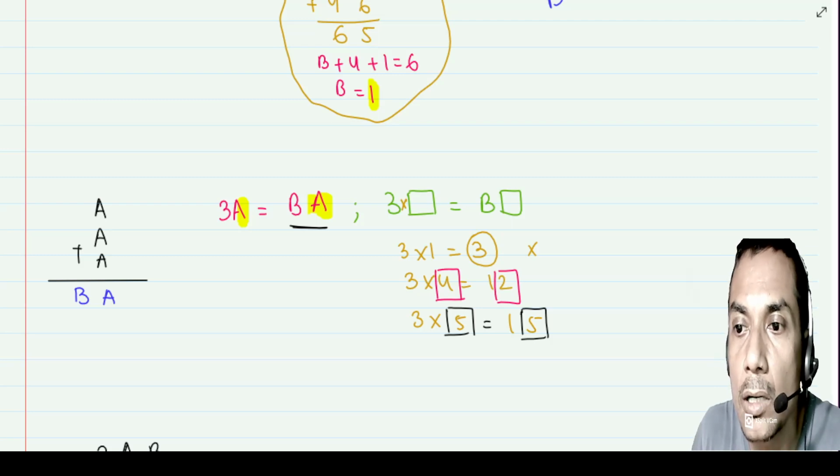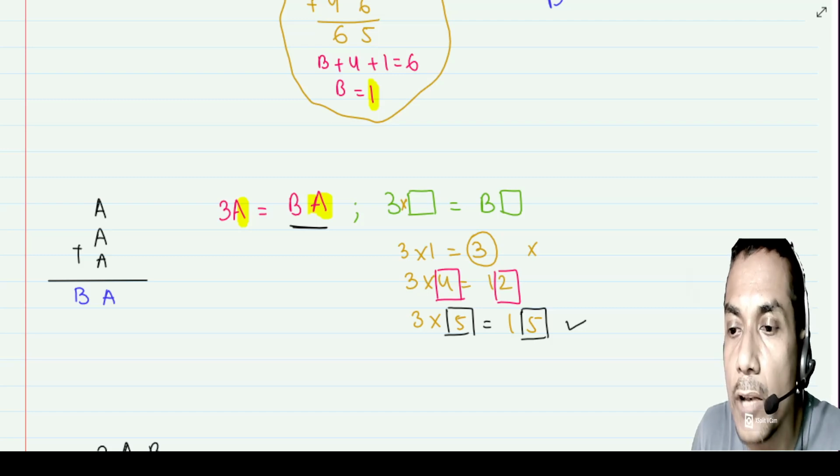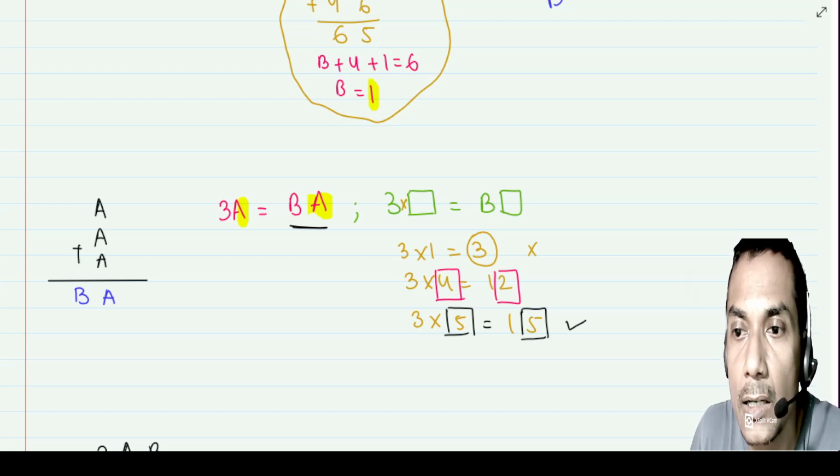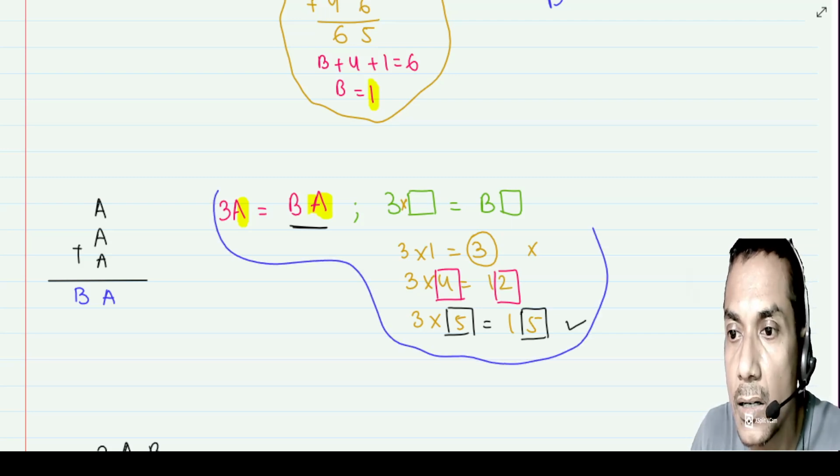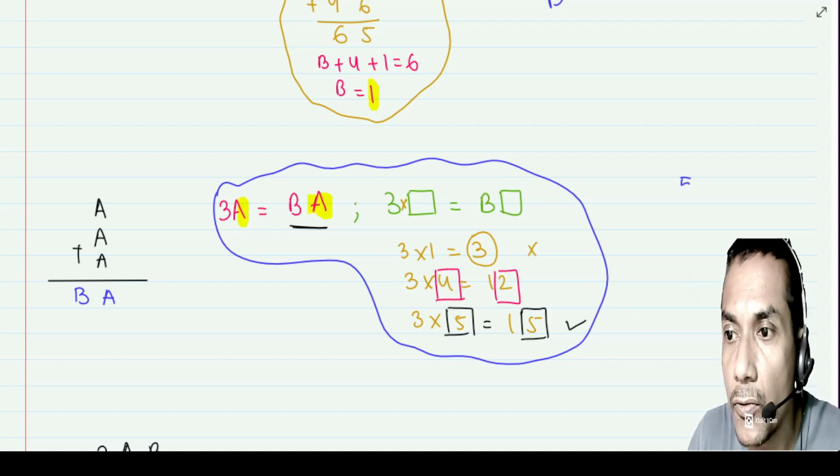So if I put the value 5 for A, replacing A, then we get the result 15. So let's check whether this answer is correct or not. This is the calculation part. Now if we check by replacing the value of A by 5, we get 5 plus 5 plus 5, which is 15.